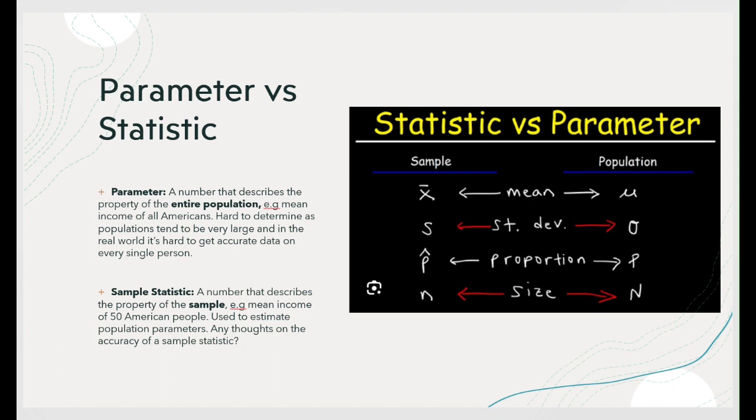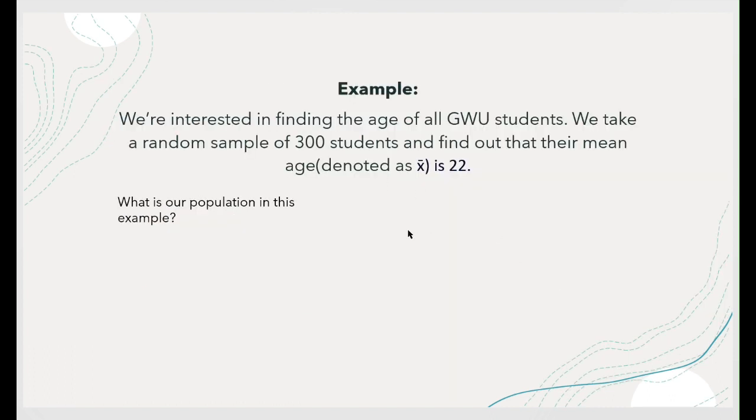All right. So let's start with a simple example. We're interested in finding the age of all GW students. So we take a random sample of 300 students and find out that their mean age, which is by the way denoted by X bar, is 22, right? So in this case, what is our population?